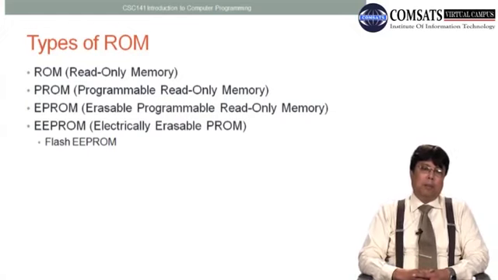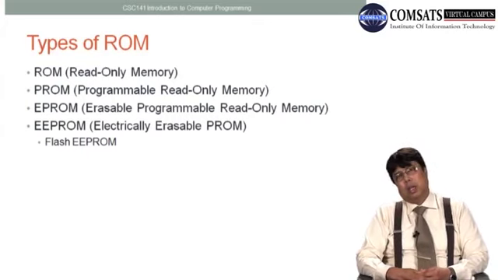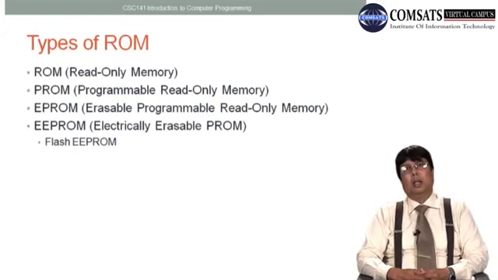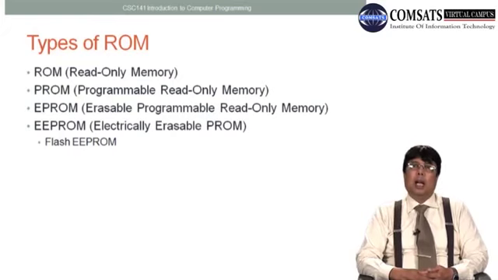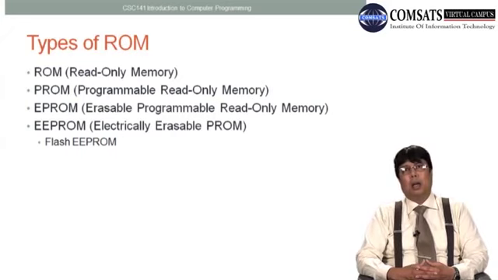ROM, read-only memory, contains the information which is called firmware. Remember, we have talked about hardware, we have talked about software. Now a new terminology which is called firmware. The definition of firmware could be information permanently stored on a chip.